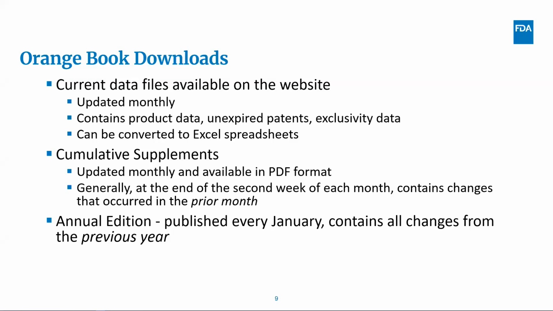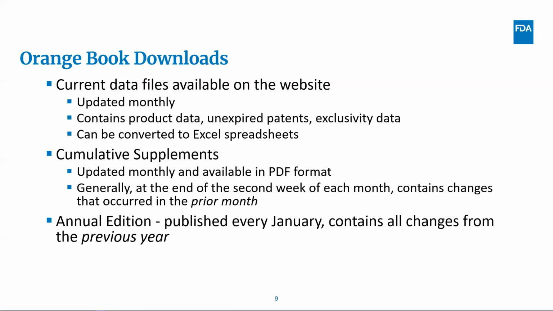They are posted to our website generally at the end of the second week of each month, and they contain all the changes that occurred up to the prior month. So for example, June 14th was our latest monthly update, and that contains all the changes in the Orange Book up to May of 2024. And of course, we also have our annual edition.